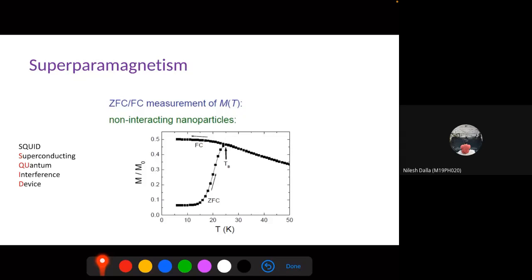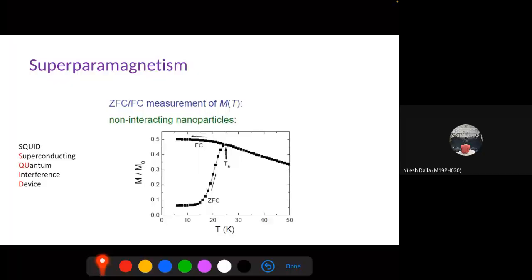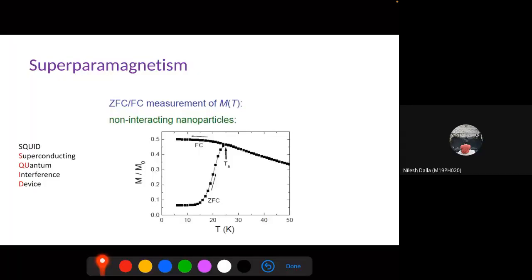But remember, this blocking temperature is not like a Curie temperature. You also have a Curie temperature, which gives rise to a phase transition, a paramagnetic to ferromagnetic phase transition, and that Curie temperature is normally fixed. There you will not observe a size dependence of the Curie temperature.